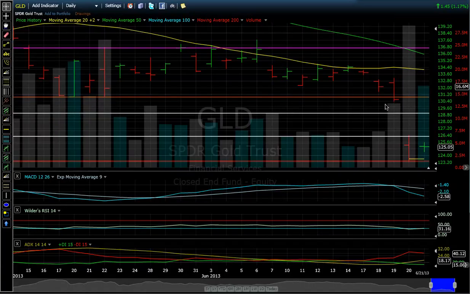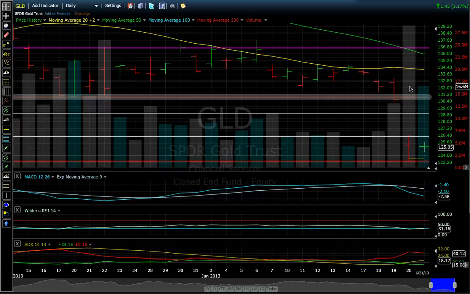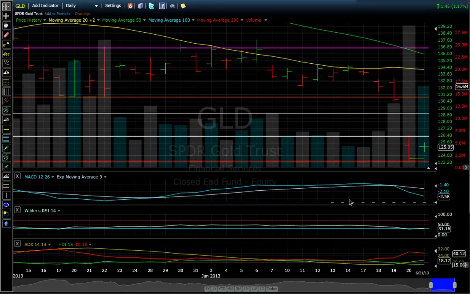So if the stock is in this area and you bought it here, you can hold it to see if it breaks this resistance to go higher. Or you can sell it and wait till it retests back to this support or resistance line and then buy it to go back up. So there are a couple of ways you can approach this stock, depending on which way you want to get in.